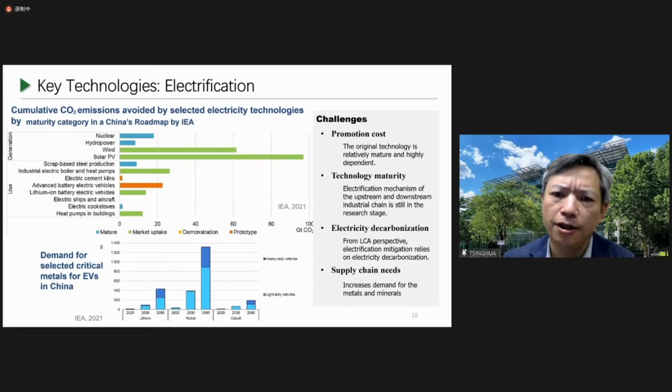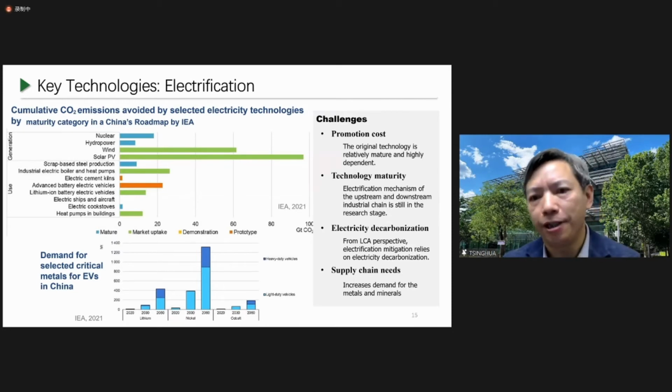Other end-use technologies are further behind, particularly in heavy industry and long-distance transportation. In primary steelmaking, for instance, the use of electricity to convert iron ore into steel through electrolysis is still in the stage of prototype and plans for pilot plants.